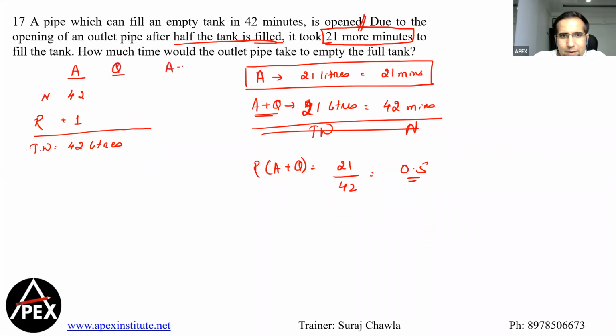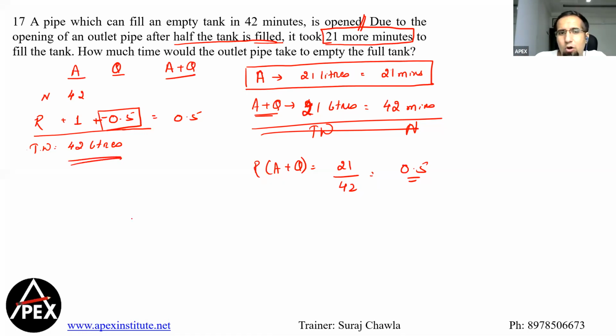So I know that A plus Q would be 0.5 and Q is a leak tap. So 1 plus or minus Q, only that will give me 0.5. That means tap Q is leaking out half unit per minute.